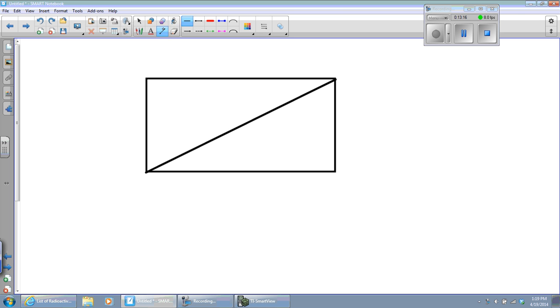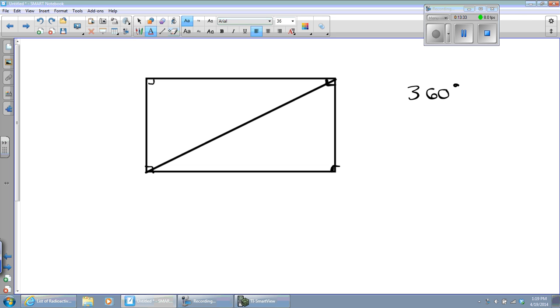Now, a square or rectangle is made up of 4 90-degree angles, isn't it? Right? 90 degrees here, here, here, and here. So therefore, a quadrilateral has 360 degrees. It's true of all quadrilaterals.